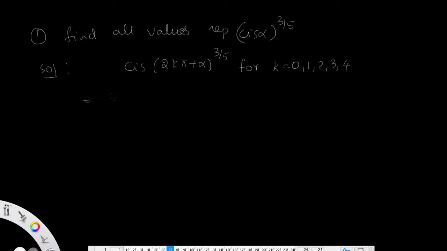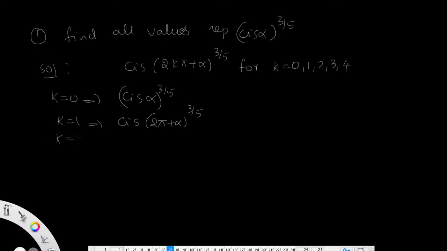Now substitute. If k equals 0, you get cis alpha to the power of 3 by 5. That is one of the roots. If k equals 1, it is cis of (2 pi plus alpha) whole to the power of 3 by 5.